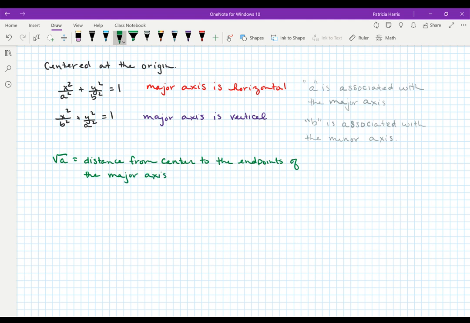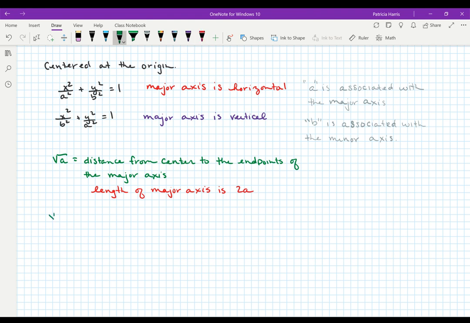So the entire length of the major axis is going to be 2 times A, with the center of the ellipse being in the middle.